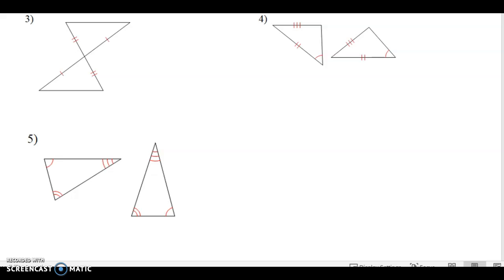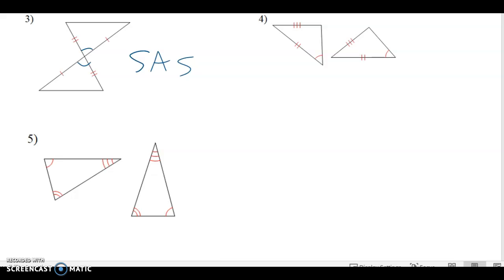I do need to look a little further, and I notice that we have some vertical angles. I see a vertical angle pair right here and right there. So I've got my side-angle-side for this one. It might not have appeared at first, but that actually is side-angle-side congruence.